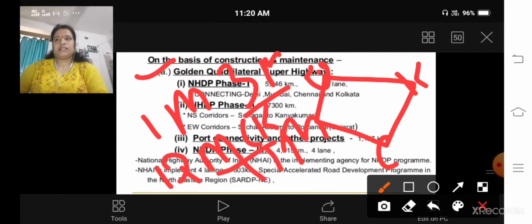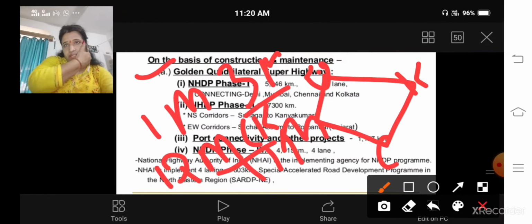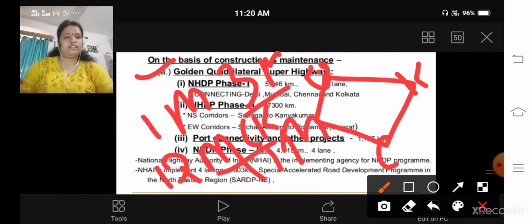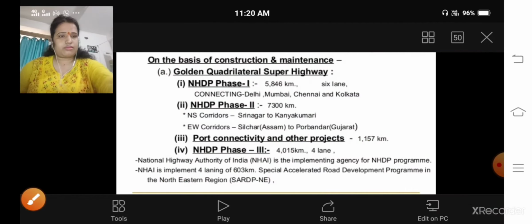Why is it golden quadrilateral? This quadrilateral is a network of highways connecting the four top metropolitan cities. Which ones? First Delhi, second Mumbai, third Chennai, and fourth one is Kolkata. And these highway projects are being implemented by NHAI, National Highway Authority of India. Okay.